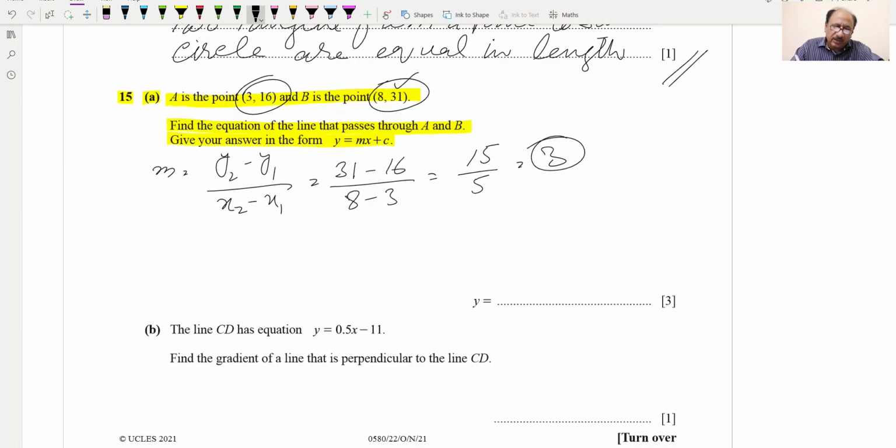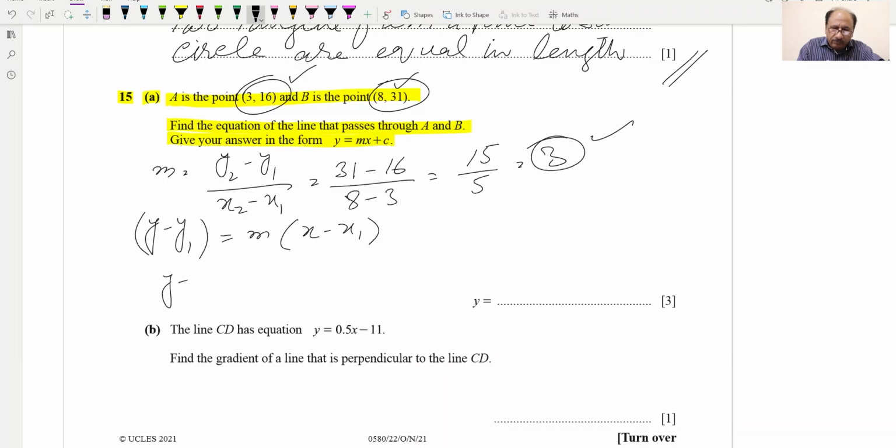This is the gradient, and now we can use this gradient and any point from these two given points. The equation of a line in point-slope form is y minus y1 equals m into x minus x1.